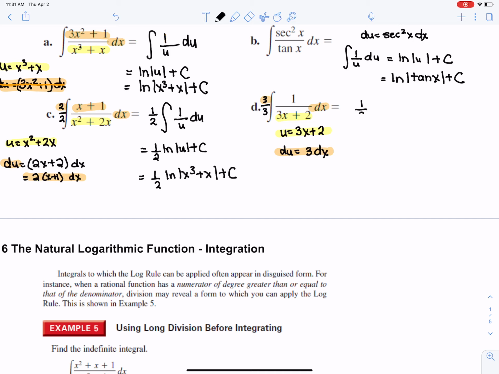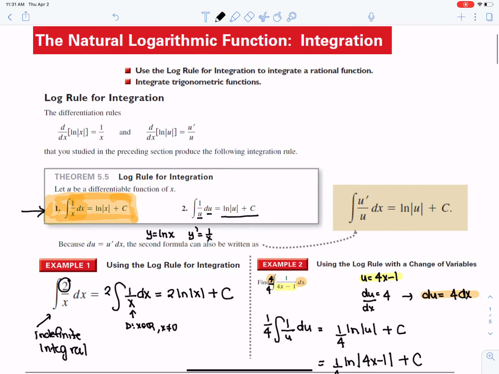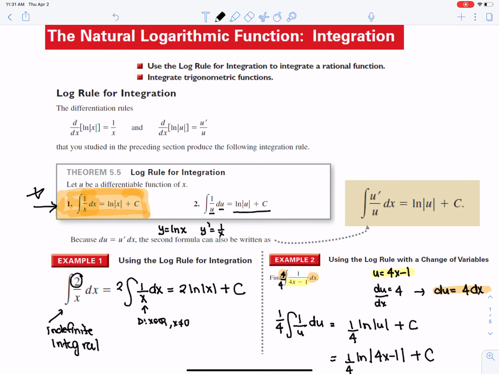This integral will become 1/3, 1 over u du. And then again, the integral of 1 over u is ln of absolute value of u plus c. And I go ahead and I sub my u back in, which is 3x plus 2. So we're just pretty much doing integration by substitution in different examples to recognize this main rule, which is kind of the lesson that we're presenting here.